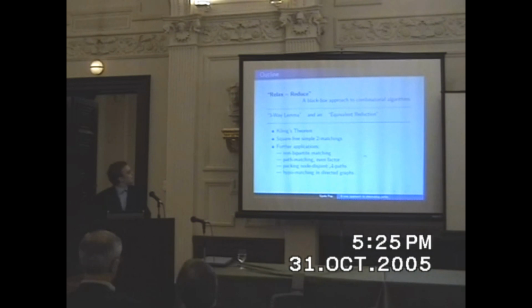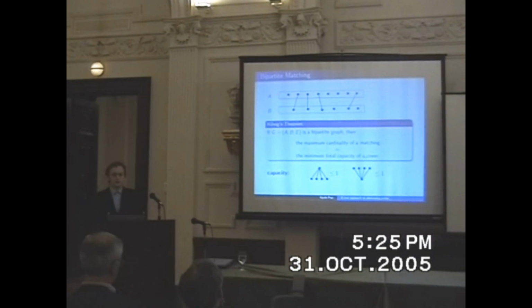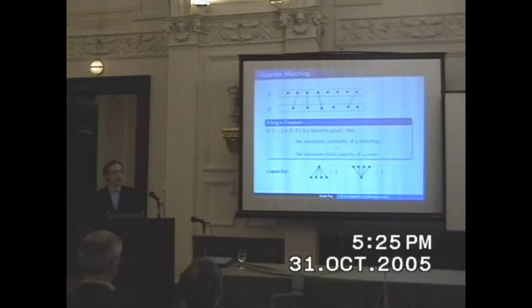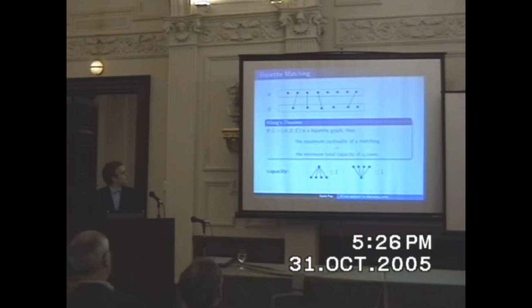So let me show a very easy example to apply a relax-reduce proof or algorithm. Now, Koenig's theorem determines the maximum cardinality of a matching in a bipartite graph by the degree constraint at most 1.